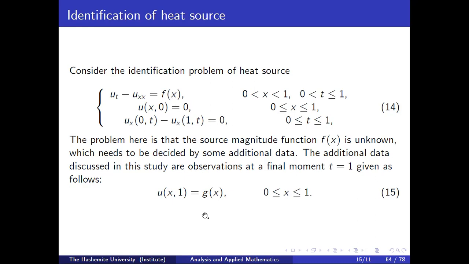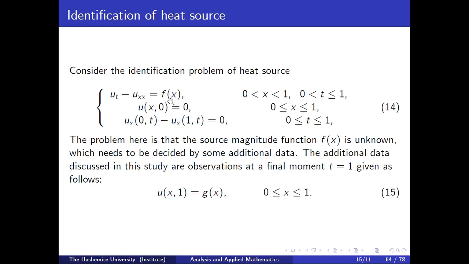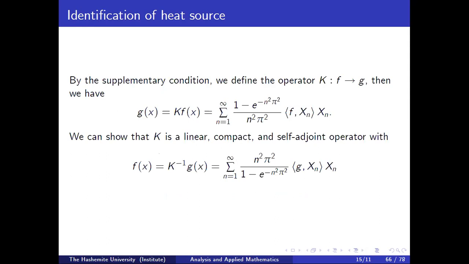And here we would use this information. Now, using separation of variables to solve this problem, suppose that we know f. So now we can apply separation of variables to solve this problem, and you will get this solution. It's very simple, just separation of variables, you will get u of x and t. Now, we can define the operator K, Kf equals g of x.